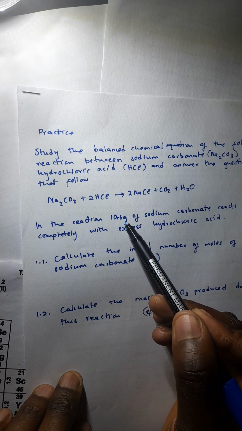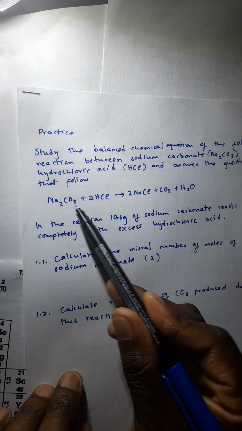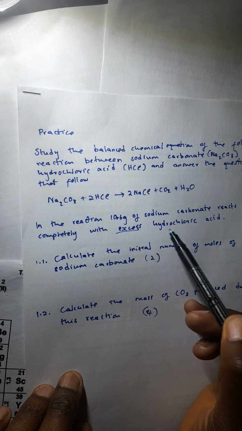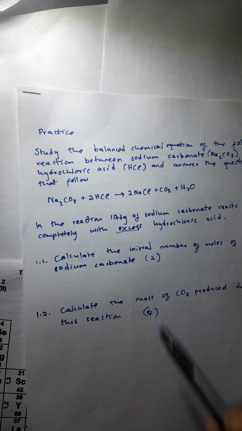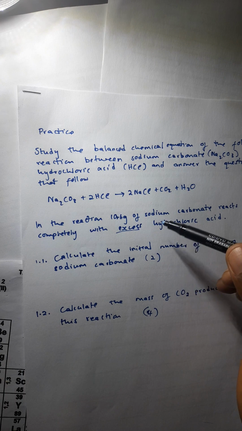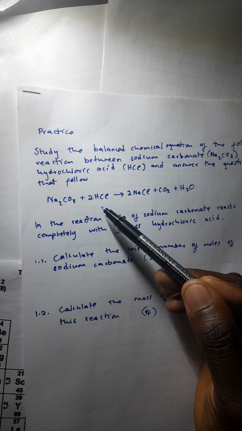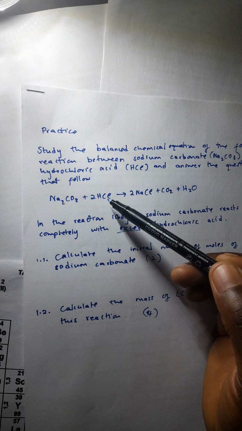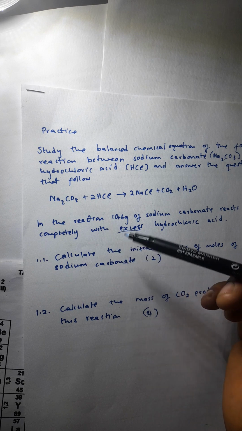above: 10.6 grams of sodium carbonate reacts completely with excess hydrochloric acid. Later on, if you have already touched that topic of excess and limiting: excess means that if hydrochloric acid is in excess, it is going to remain when the reaction is complete.